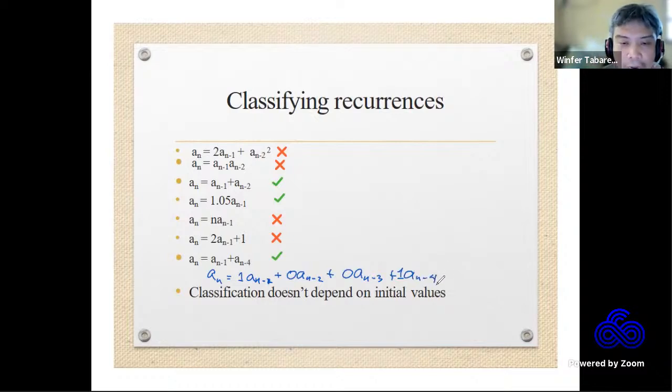Let me emphasize that since the c sub i's can be any real number, they can also be equal to 0. So we have those expressions here.